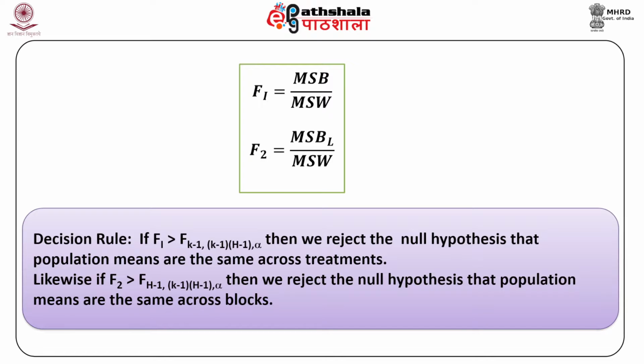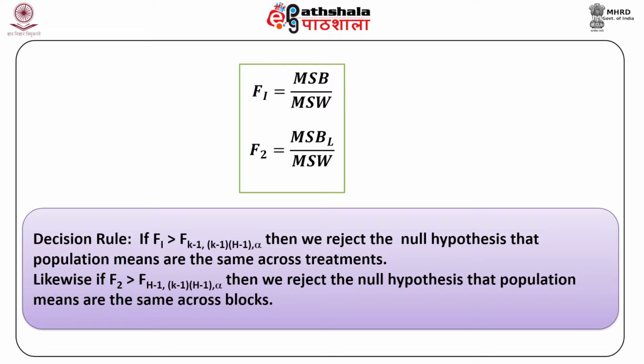F1 is the calculated F value for the first set of hypotheses, and it is compared with the F table value with k − 1 and (k − 1) into (h − 1) degrees of freedom for numerator and denominator respectively at a chosen level of significance, which could be 5% or 1%. Similarly, F2 is the calculated F value for the second set of hypotheses and is compared with the F table value with h − 1 and (k − 1) into (h − 1) degrees of freedom for numerator and denominator respectively at a chosen level of significance.